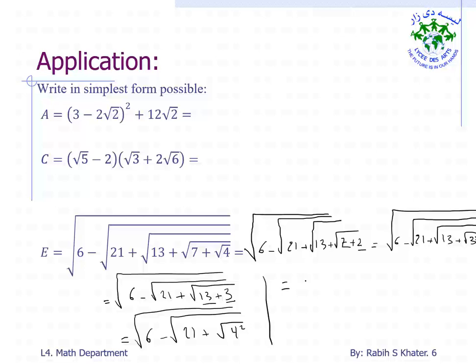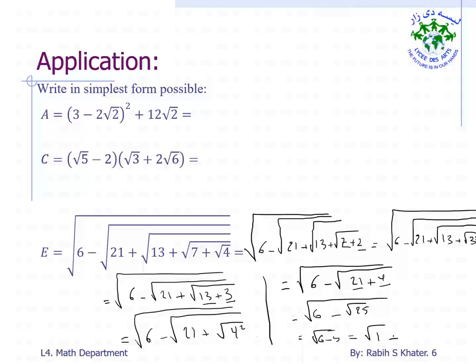Hence we'll get radical 6 minus radical 21 plus 4. Add these together, you'll get radical 6 minus radical 25, which is 5. Now which is equal to radical 6 minus 5, it's radical 1.